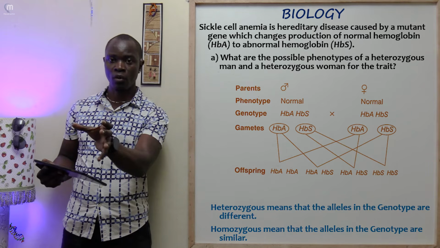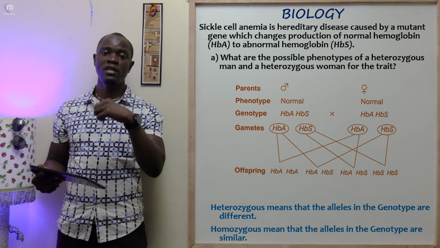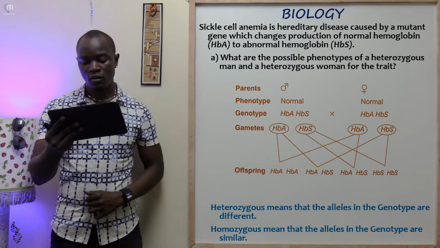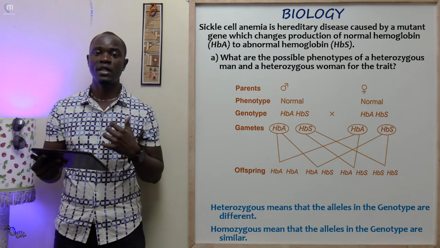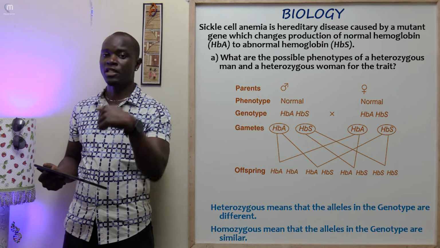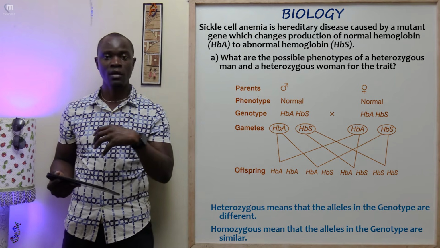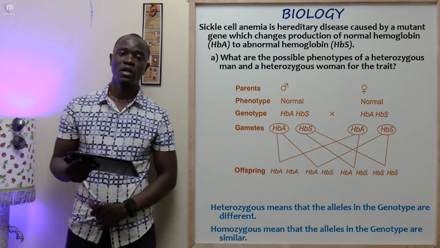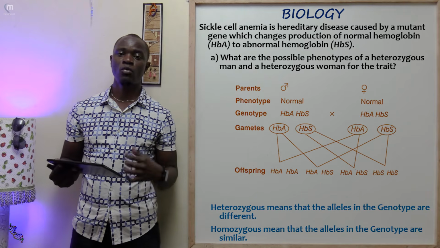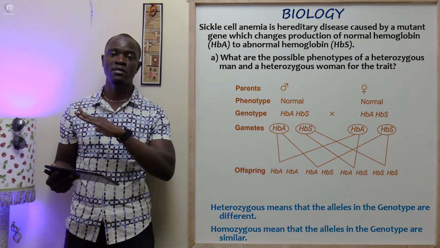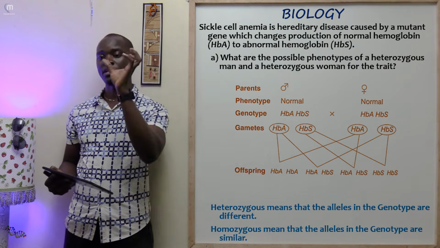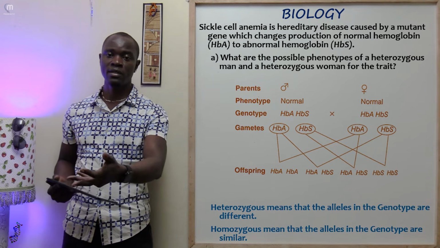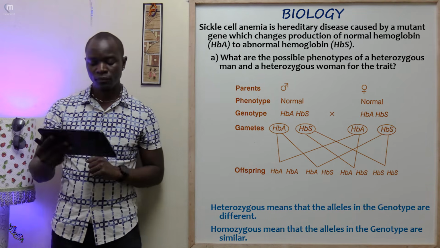They are physically normal, but in their genes they have the trait of getting an offspring who is sickle-celled. The next offspring also is HbA, HbS, the same. Then finally, we have HbS, HbS. So the fourth chance is an offspring that is purely sickle-celled. Physically they are sickle-celled, and they will also raise offspring that are sickle-celled.